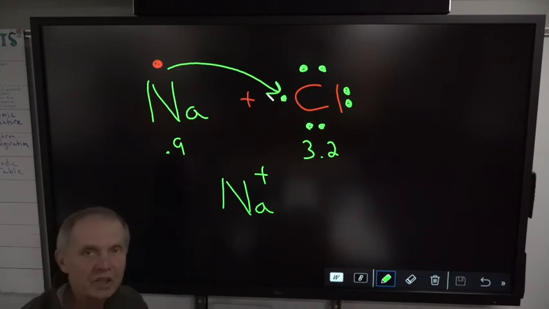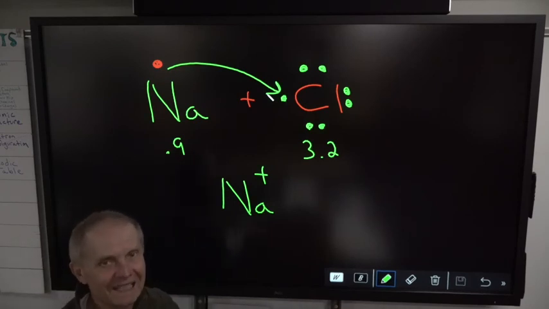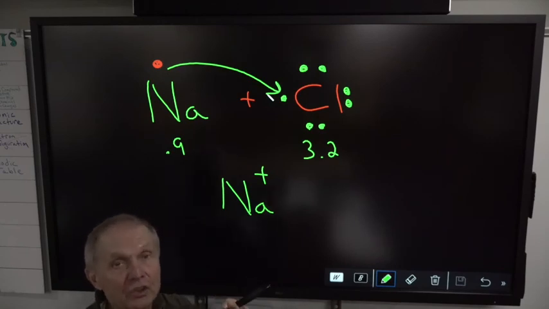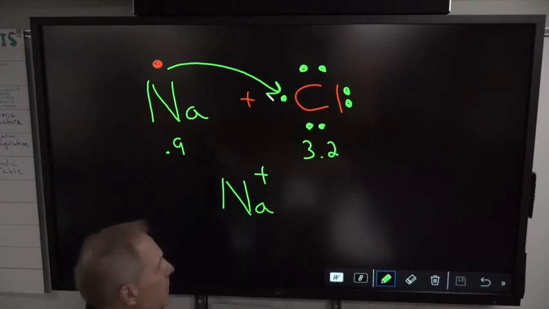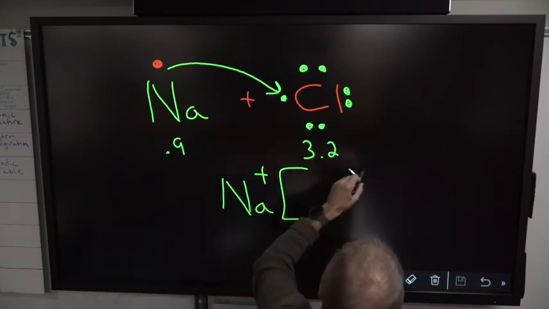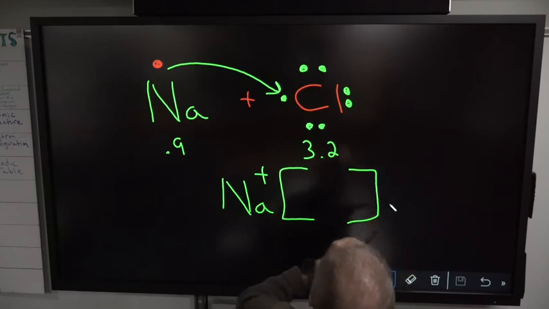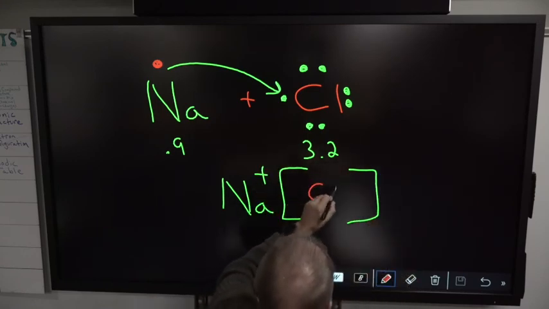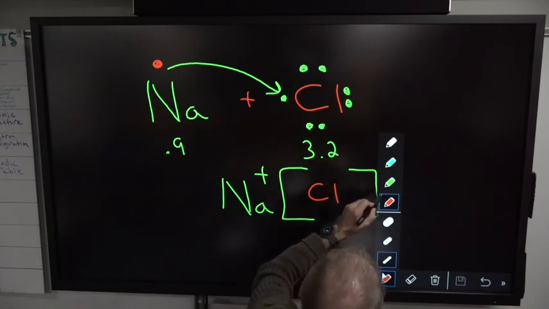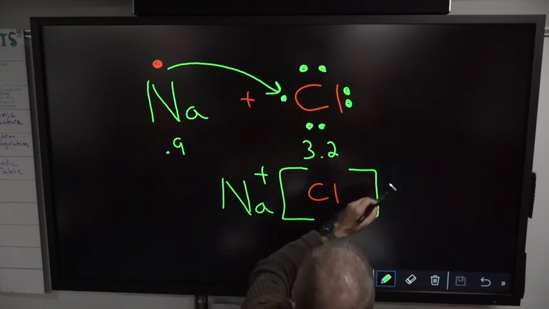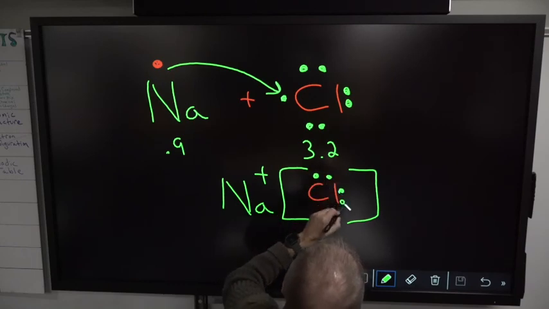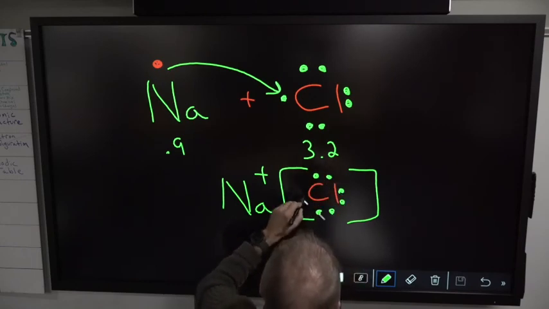Now, whichever element gained the electron, I always like to put the negative ion in brackets to show that there was a total transfer. So I'm going to have brackets, and then I'm going to have the Cl right there, and then I'm going to have this. One, two, three, 4, 5, 6, 7.